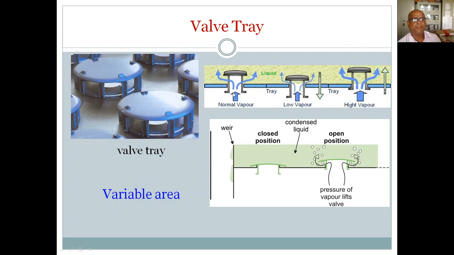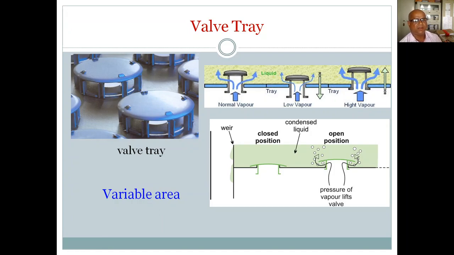Now if you increase the vapor or gas flow rate, then according to the pressure in this vessel, the valve will move up. As it moves up, the flow area increases, and the maximum it can reach is here.